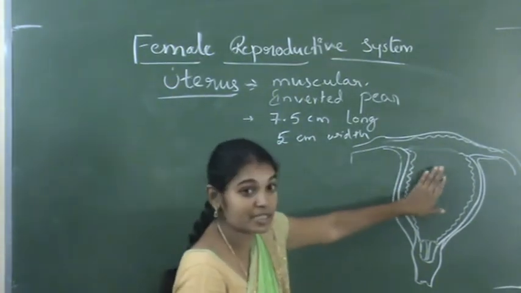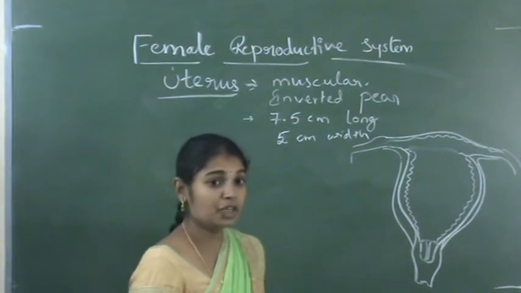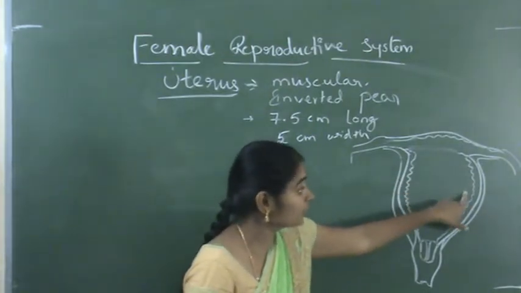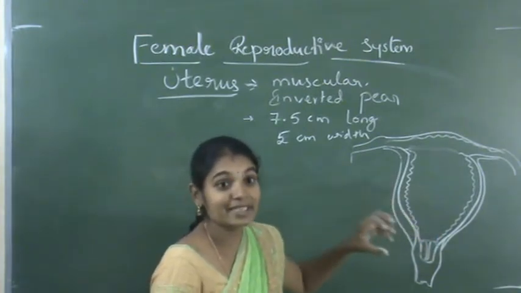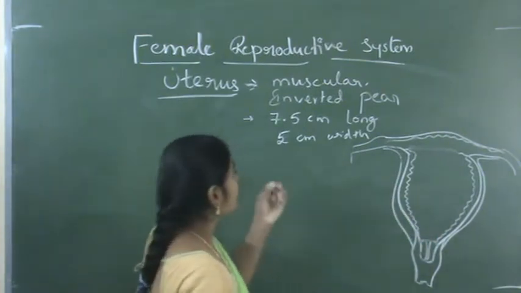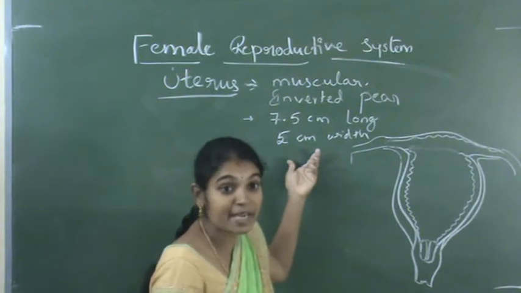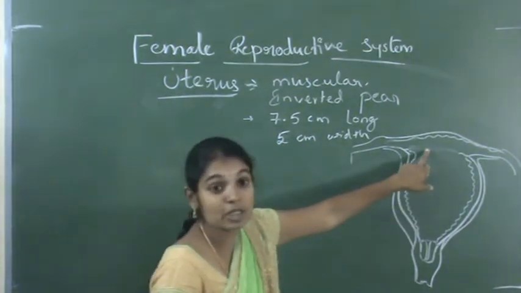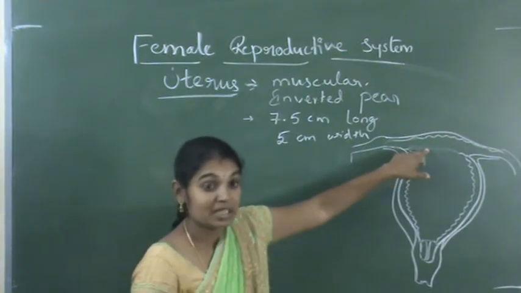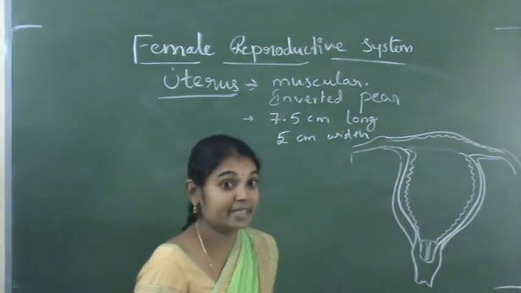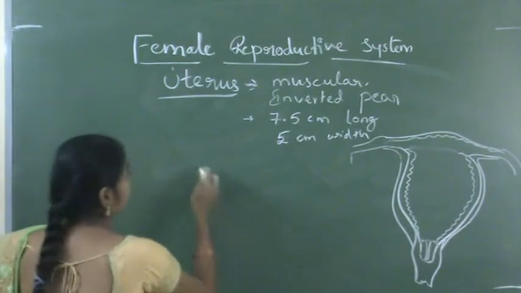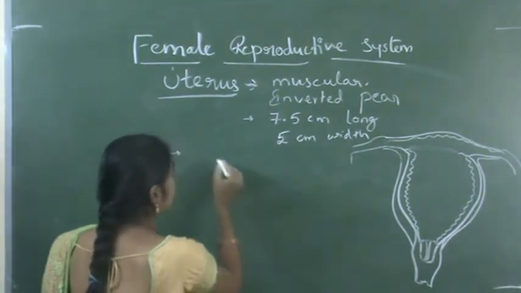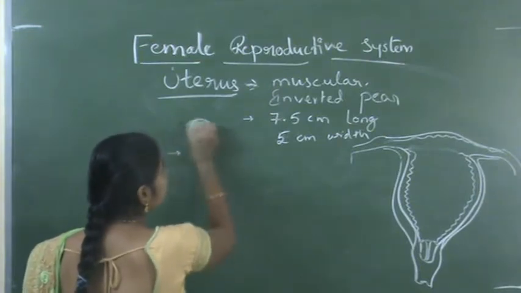So the full development of our embryo takes place inside the uterine cavity, which provides space for the developing fetus. Morphologically the uterus is divided into three parts.